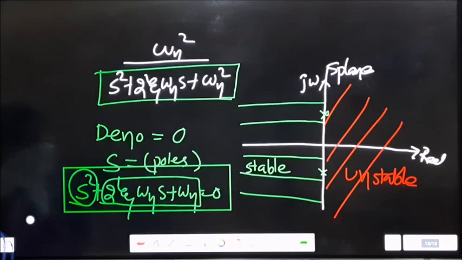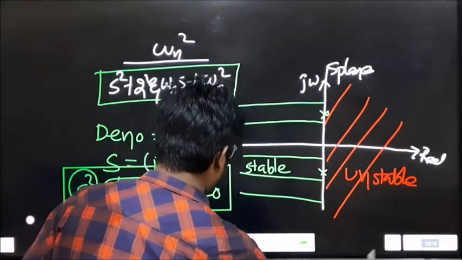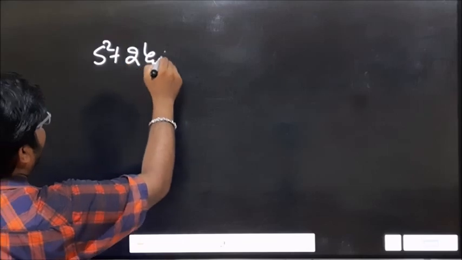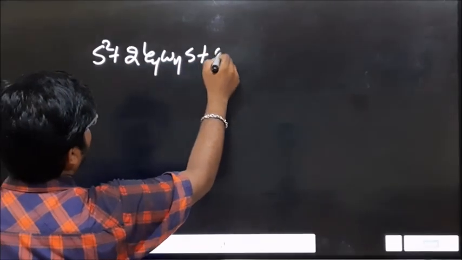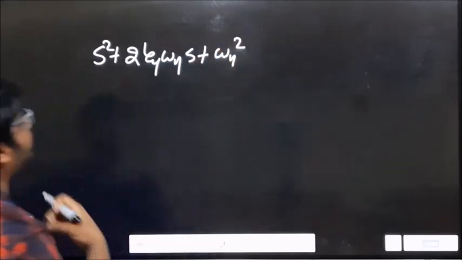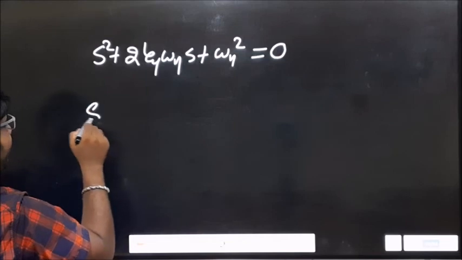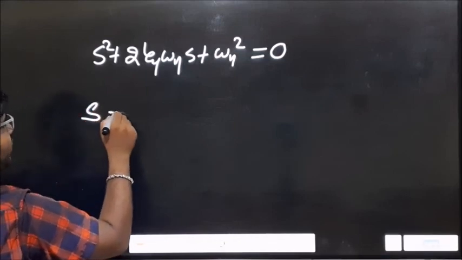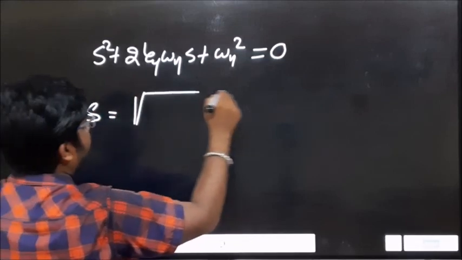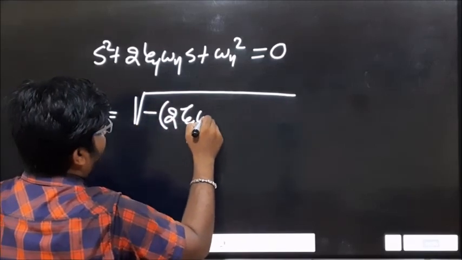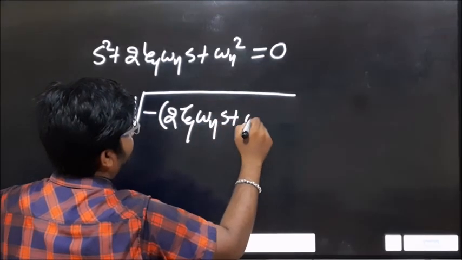Let me change the page. The equation is s square plus 2 zeta omega n s plus omega n square. If I equate this to 0 and want to find the s value, s is equal to the root of minus 2 zeta omega n s plus omega n square.